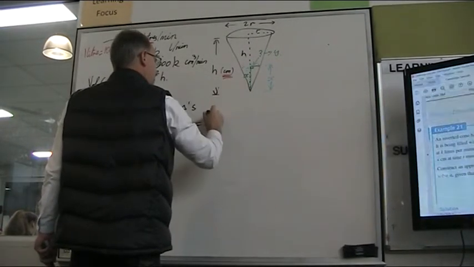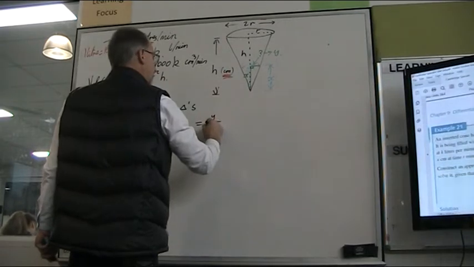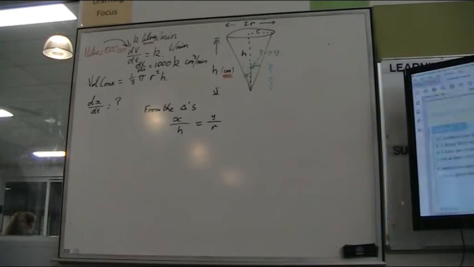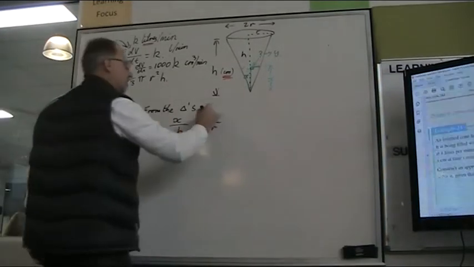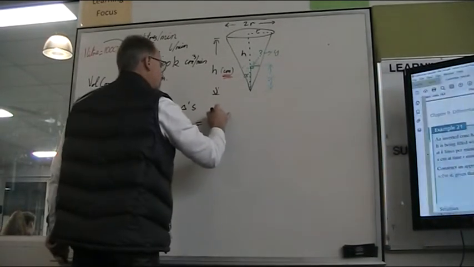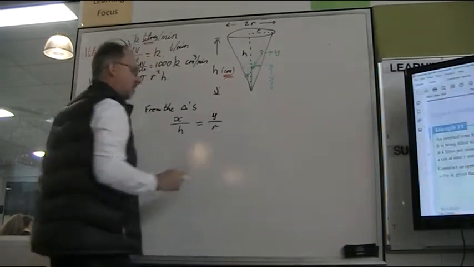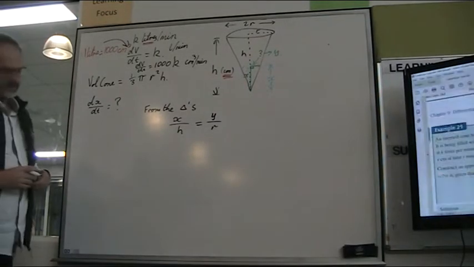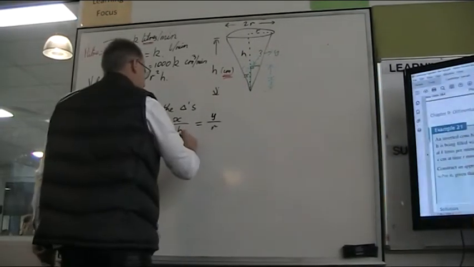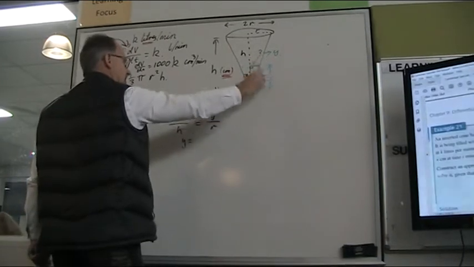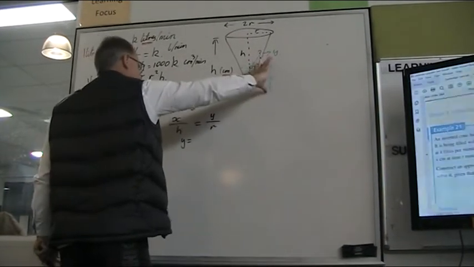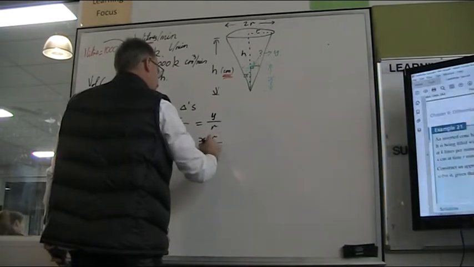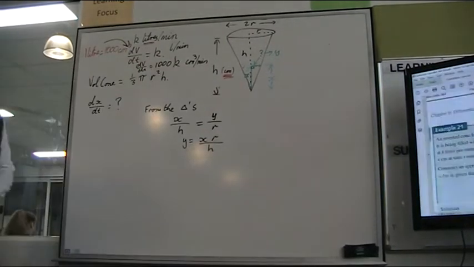I've called that y over r. I want to get this y by itself, so times both sides by r, and so y, the radius that it's filled up to when the depth is x, is x times the radius of the cone over the height of the cone.